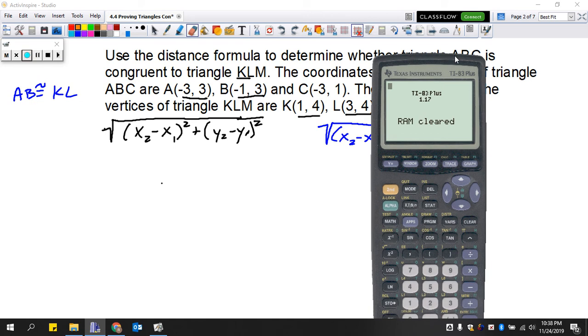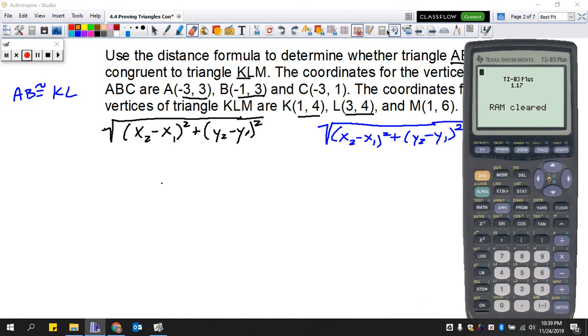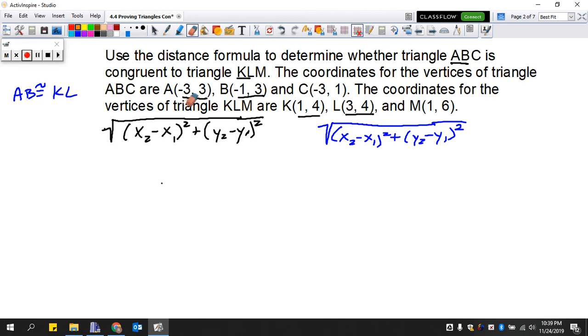the next one that we're going to look at is BC and LM.